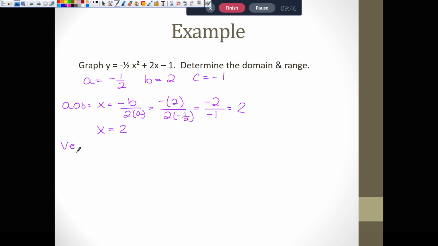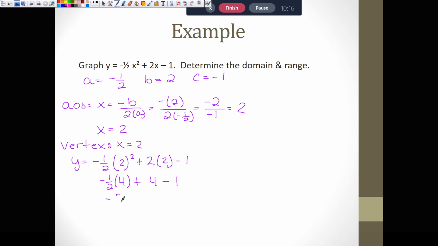So let's plug that into our equation to find our vertex. So y will equal -1/2 times 2 squared plus 2 times 2 minus 1. So 2 squared is 4. -1/2 times 4 is -2.